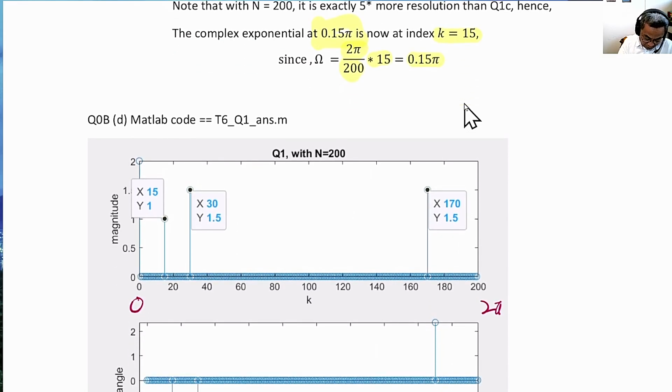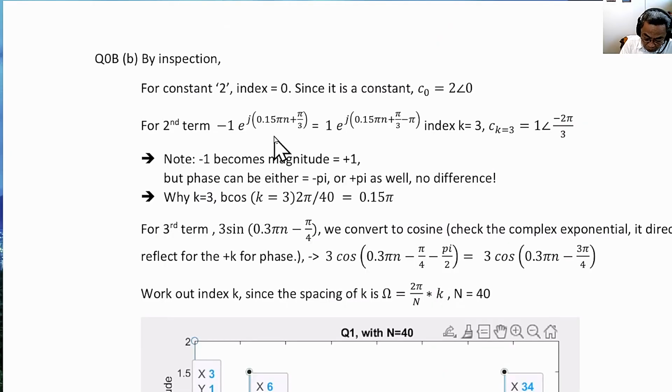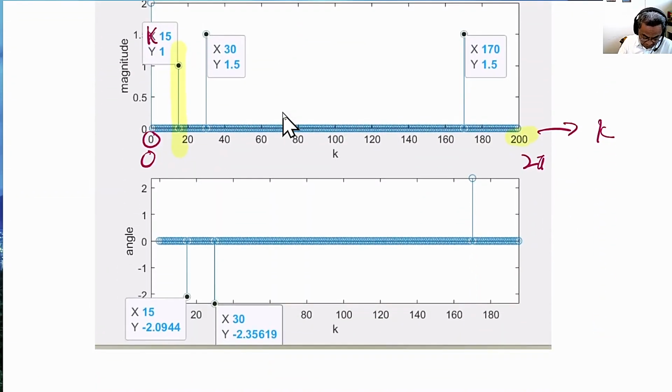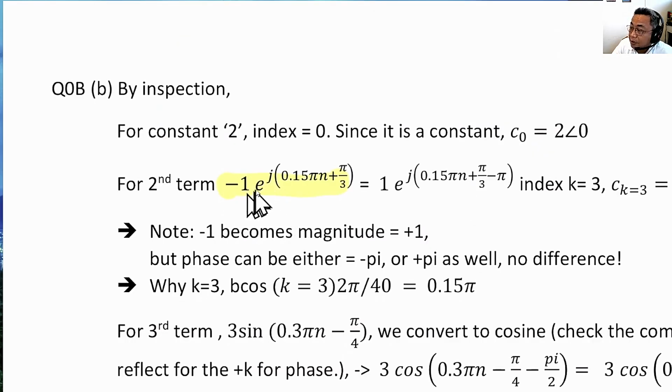Now at index k equals 15, this axis here is k equals 0 to n minus 1, which is 200. At C15, our amplitude is 1. This represents the y2 term, which is minus 1 e^(j(0.15 pi n plus pi over 3)).